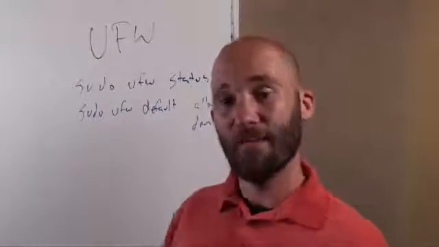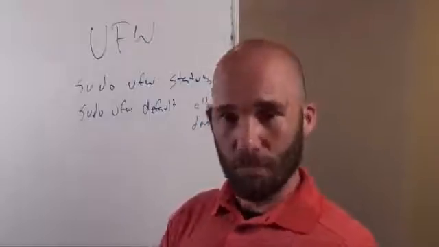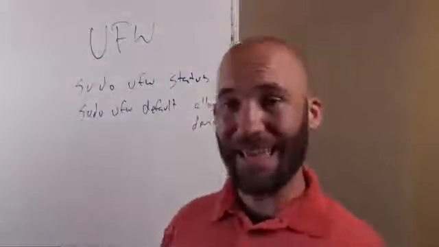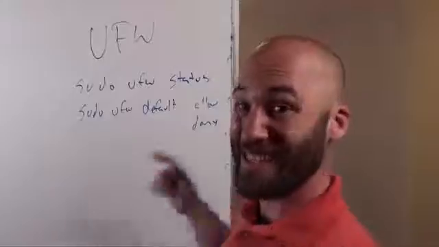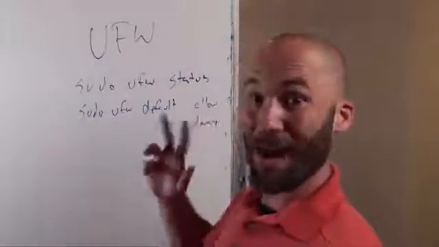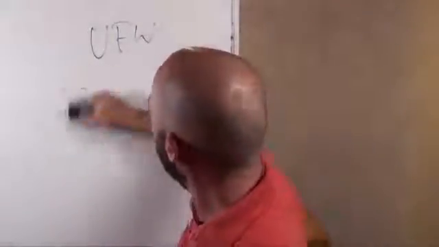This means when you bring that firewall online, it will block all network traffic by default. If you want to allow all traffic by default, sudo ufw default allow. Again, this is a security decision on your part. I can only tell you how to do it, I can't tell you why you should or shouldn't do it. So that's the status, and that's the default setting.